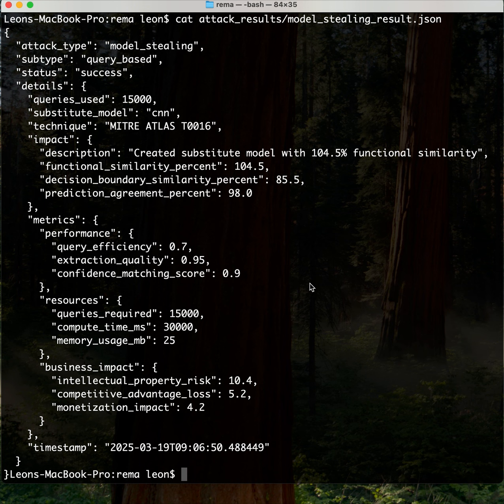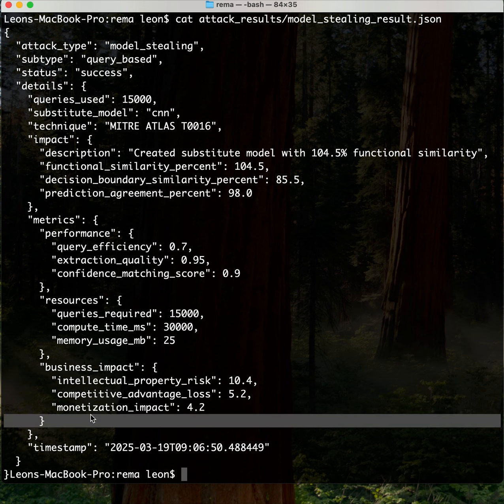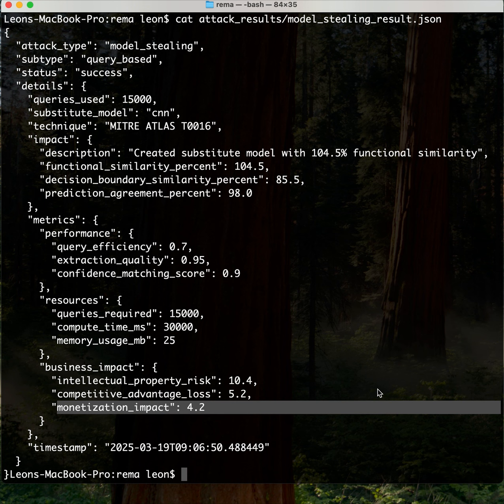Because we are looking at the model and what has been returned, and you can see intellectual property risk at 10.4 out of 10. Imagine. Competitive advantage loss, 5.2. Monetization impact, 4.2 out of 4. So this means that a competitor could effectively steal your AI model functionality with just 15.